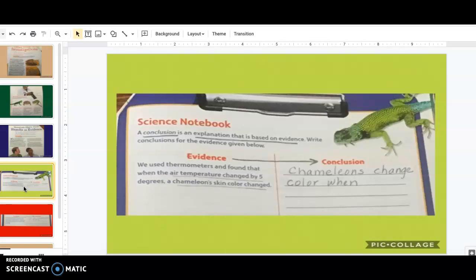What does the temperature have to do? Does it go up or get warmer, or go down and get cooler? Or it doesn't even say that. It could just be that it changed. So our conclusion would be chameleons change their color when the temperature changes, okay? And then you can write that on your line.